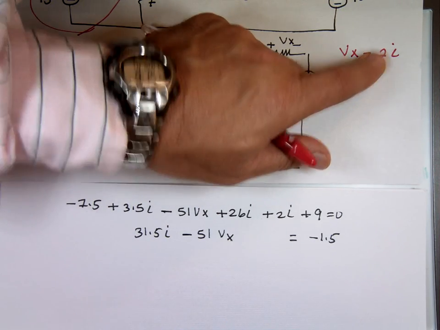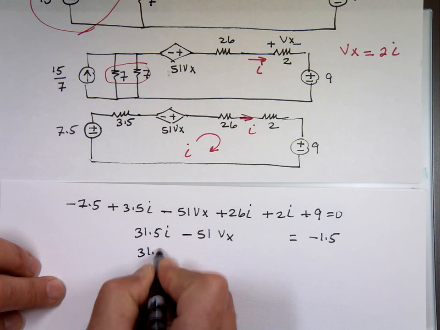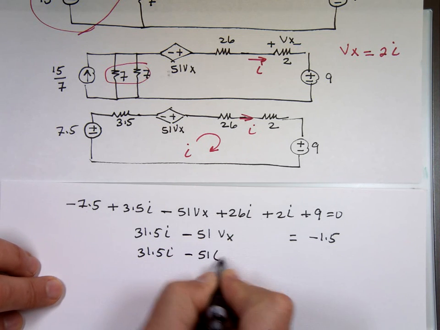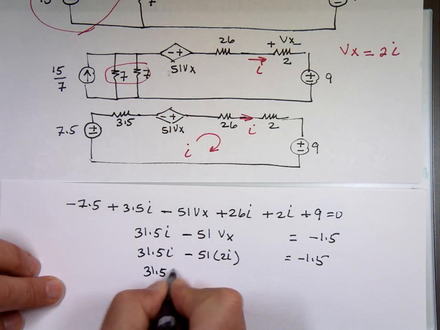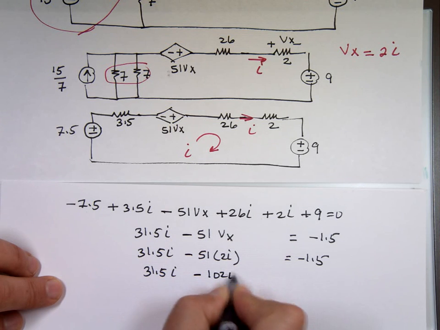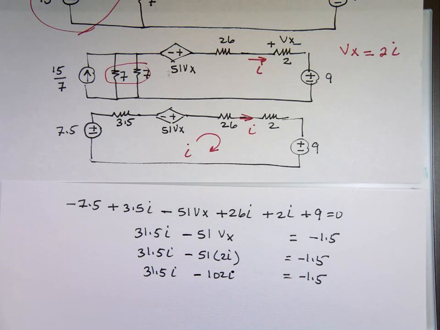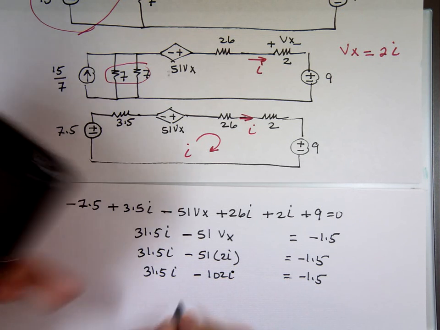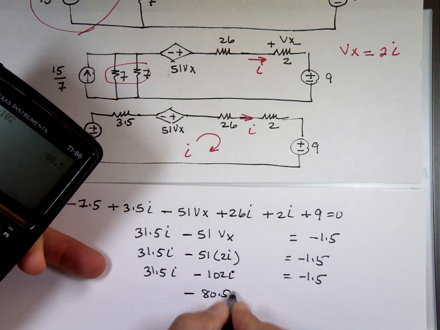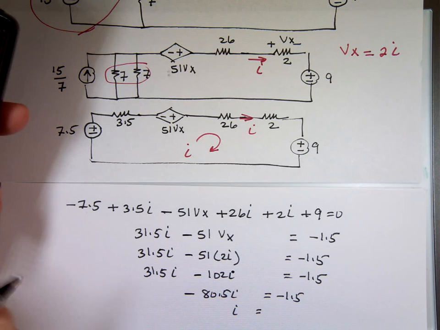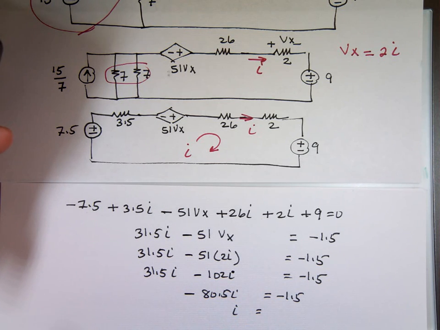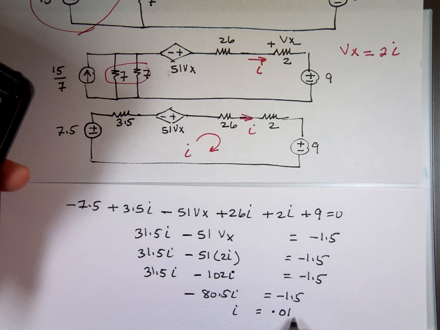Plug it in. 31.5i minus 102i. 31.5 minus 102, it's negative what? 80.5i equals negative 1.5, and what is I equal to? Is that 0.0186 amp?